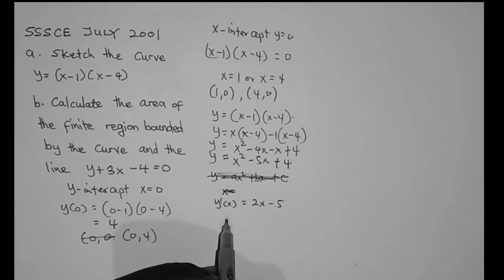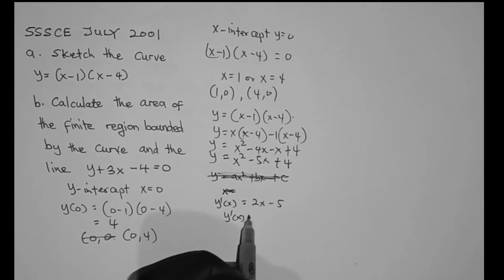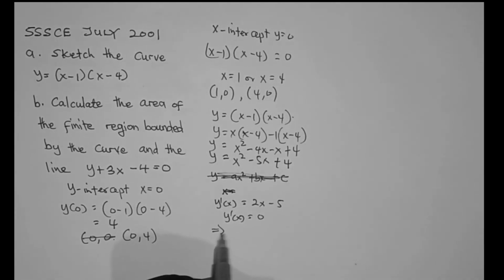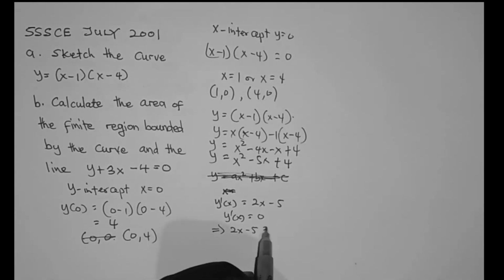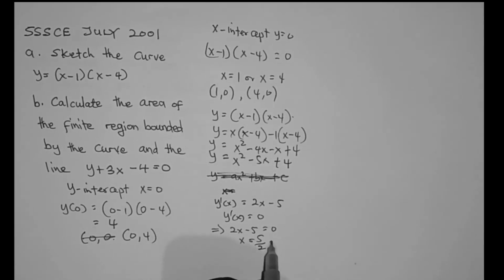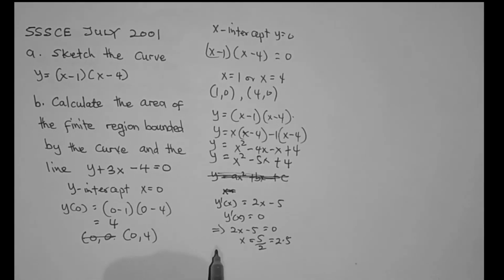The minimum value occurs at the value for which y prime of x is equal to 0. This implies that 2x minus 5 is equal to 0, and x is equal to 5 over 2, which is equal to 2.5. So let's find y of 2.5.